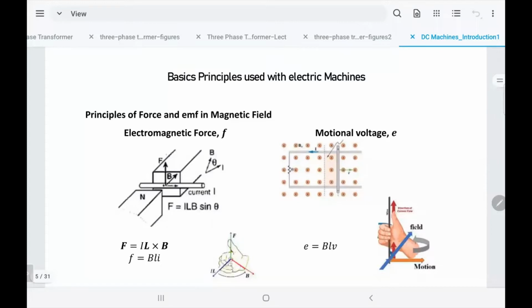And even if the machine is operating as a motor, there is induced EMF, and also there is force produced by the magnetic field.